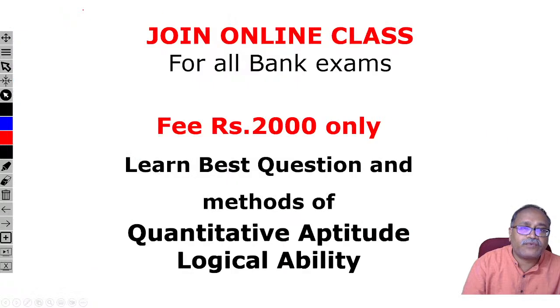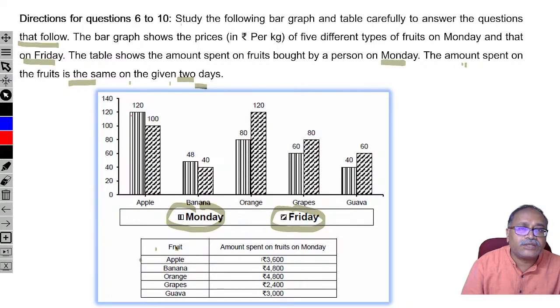I'll just go back once and see what this bar graph is. The bar graph shows the price in rupee of 5 different types of fruits. So this is 120, apple 120 on Monday and 100 rupees on Friday.